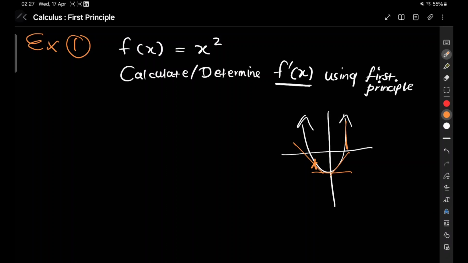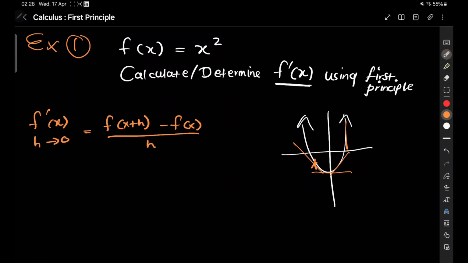So now we'll be able to use first principle to formulate a formula that would allow us to calculate a gradient at a point, only if we can substitute the x value of that point. So to do that, we need to use the first principle. The first principle basically says f prime of x, h tends to 0, equals f of x plus h minus f of x, all that over h.